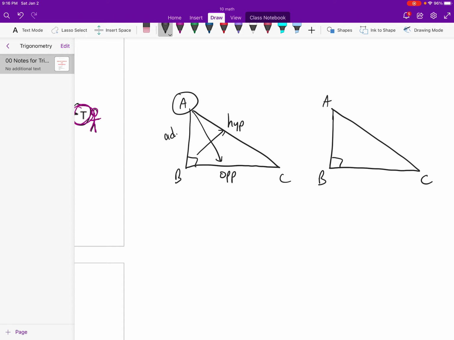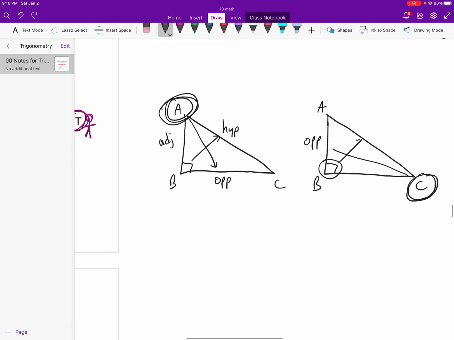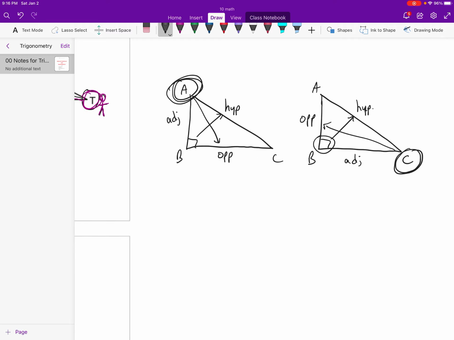And this side is the adjacent because it's beside A. But these are the definitions of the side lengths from the perspective of A. Now, if we take the perspective of C, then this side is across from it, so this is opposite. This side is across from the 90-degree angle, so it's hypotenuse. And this side right here is beside angle C, so it's the adjacent. So notice that the side labels will change based on our perspective.